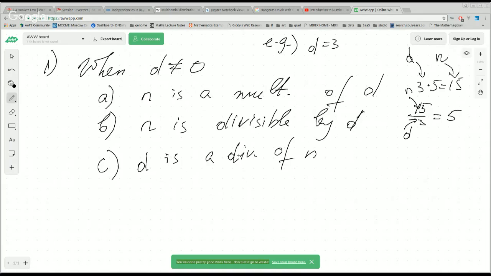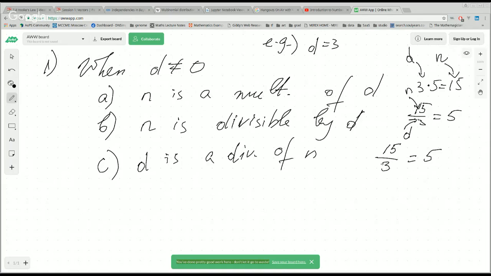They even sound the same. So if n is divisible by d, that means d is a divisor of n, right? n was 15, d is 3. Saying 3 is a divisor of 15 means that if I take 15 and divide by that 3, I get an integer.